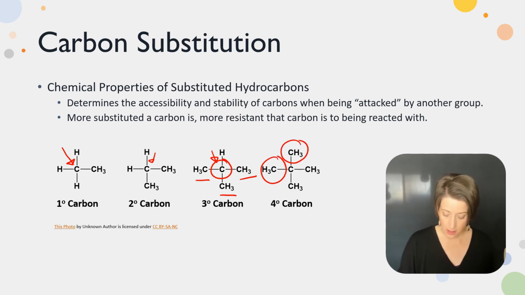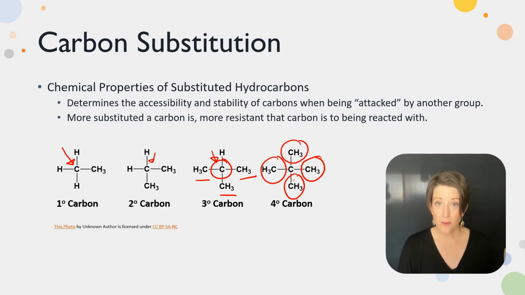And a quaternary carbon is just very stable. It is well protected by the four groups that are around it. Therefore, the general rule of thumb for reactivity of carbons is that primary carbons are more accessible or reactive than secondary, than tertiary, than quaternary.